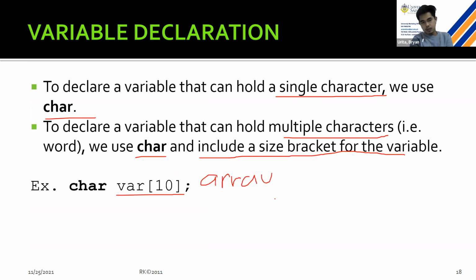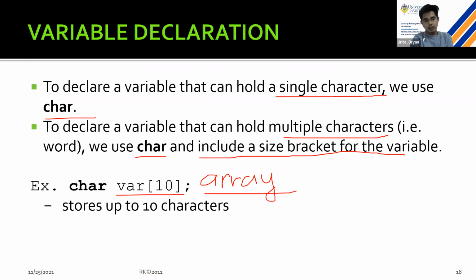And that will not be covered in this discussion. So meaning there will be 10 characters. For example, character bar. Pag ganyan lang yung ating dineclare, isang letter lang ang pwede natin i-store dyan. Kapag ka ganito, we have 10 characters.